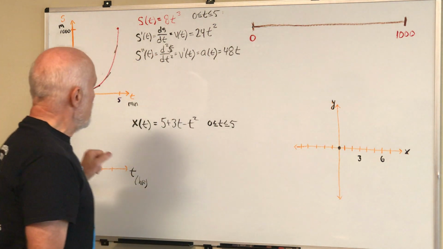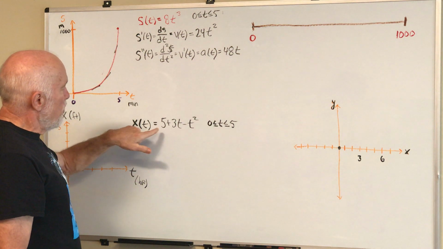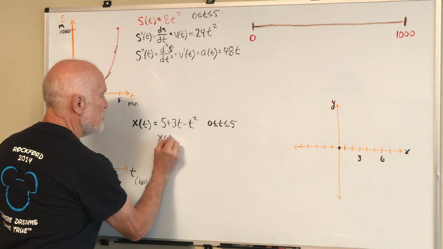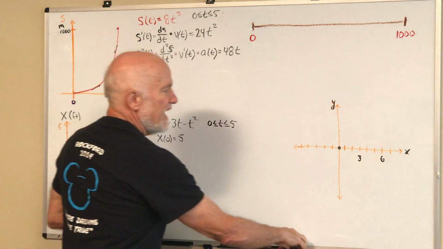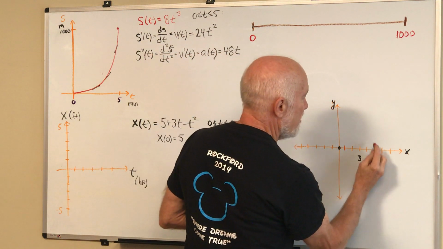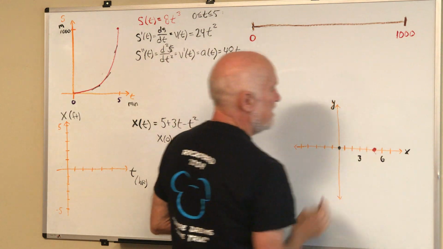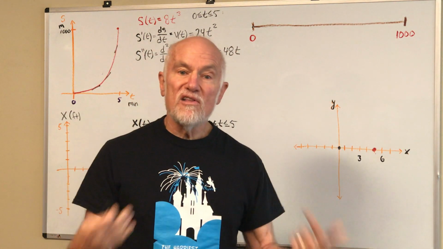So you can see, at the very beginning of this walk of the turtle, where was he? x of 0, the position at time 0, is just going to be 5. So it actually started right here at 5.